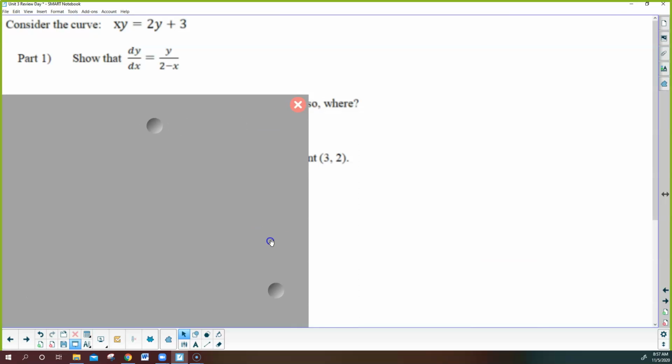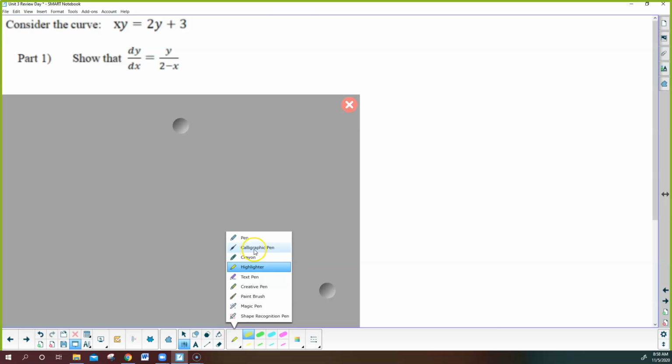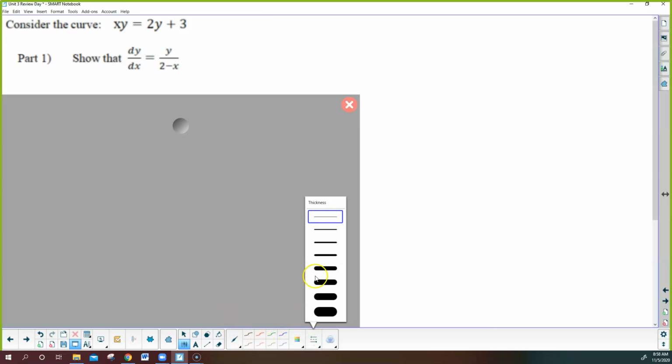So I'd like you to work, and I'm going to give you like a minute to get this done, and we want to kind of focus on time too. So find the derivative of the first part and show that it looks just like the second part. Why don't you go ahead and do that?